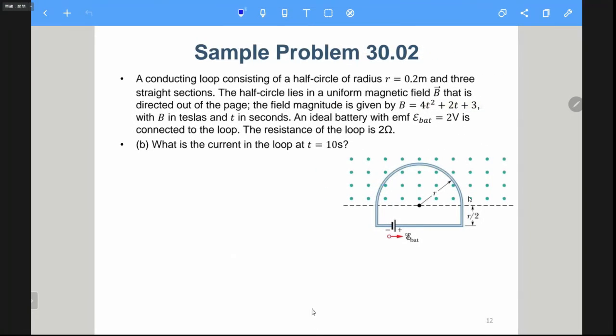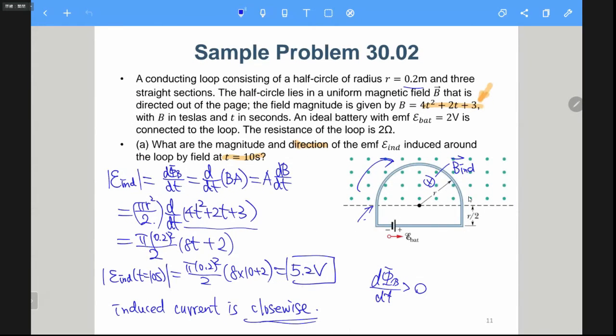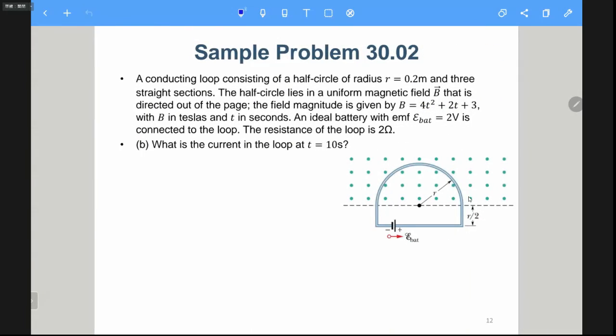So we still have part B. What is the current in the loop at t equals 10 seconds? At t equals 10 seconds, just now we know that E induced is 5.2 volts, which means that this is the direction of the current, and also the E induced.